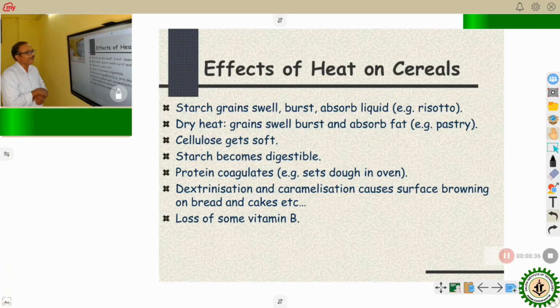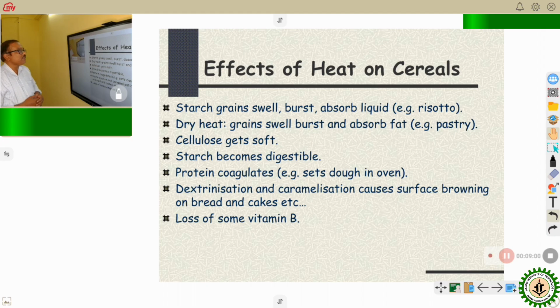Effects of heat on cereal are very important. Nowhere during the milling process is heat treatment done. Very extensive treatment is done because of moisture and heat, and there is starch. Starch will gelatinize. Gelatinized starch is completely different, and the process is also irreversible.